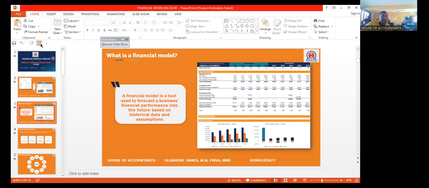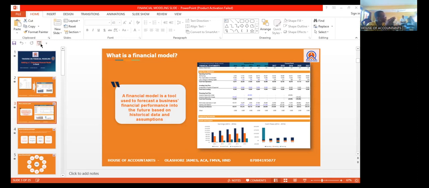The assumption means management has to come up with their own assumptions. So if last year we had 1 billion naira as our revenue, and we want to look into next year, then they should think about how much we are expecting next year as revenue. Let's say 1.5 billion. Then, is this assumption they are giving us realistic? We will not look at it.